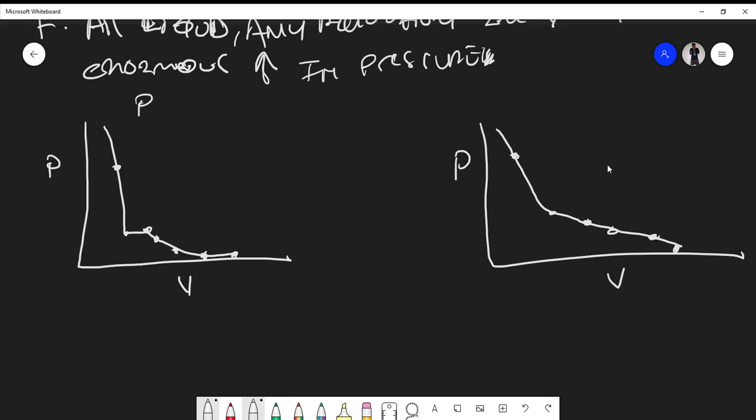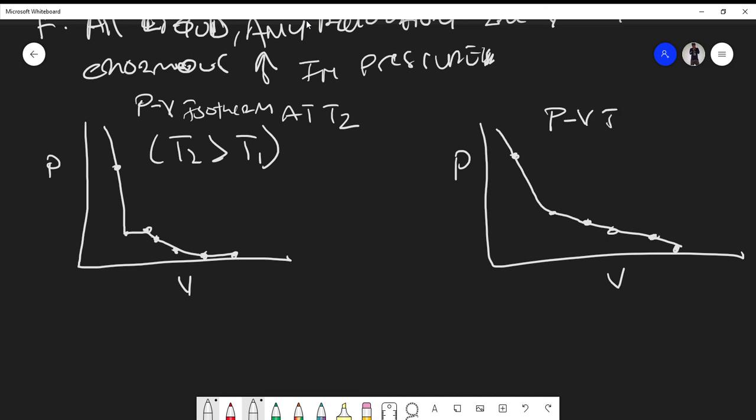Here, the PV isotherm at T2 is, again, T2 is greater than T1. Where here, the PV isotherm at TC, or some arbitrary constant TC, is where TC is greater than T2.